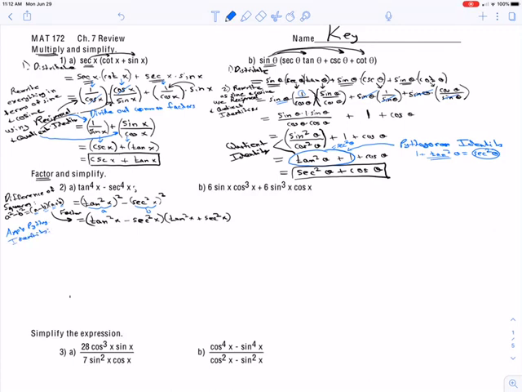We just used it in our last example. We know that 1 plus tan squared x equals secant squared. So I'm going to rewrite everything in terms of tangent.